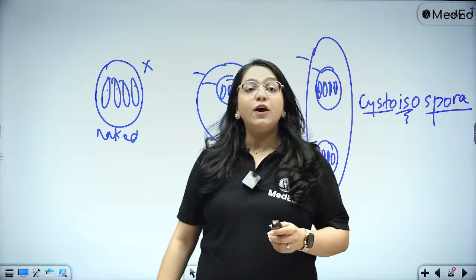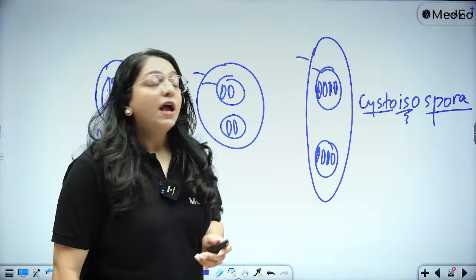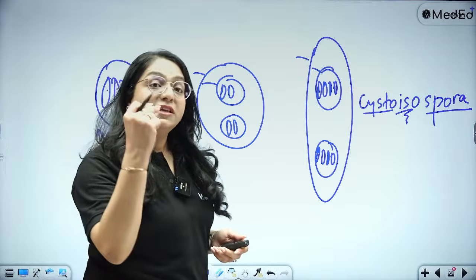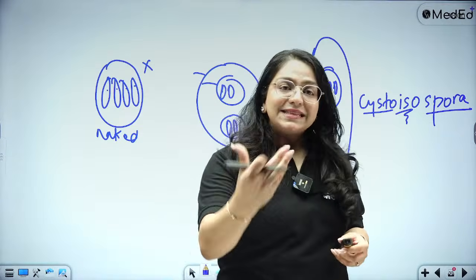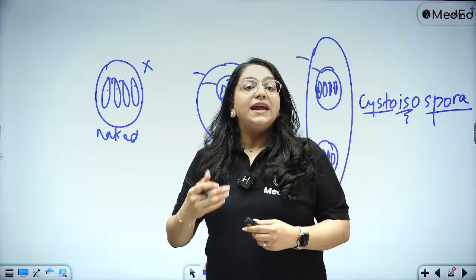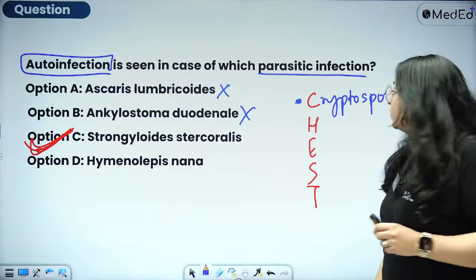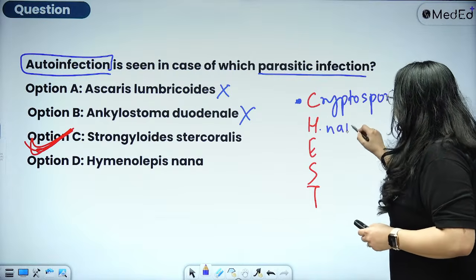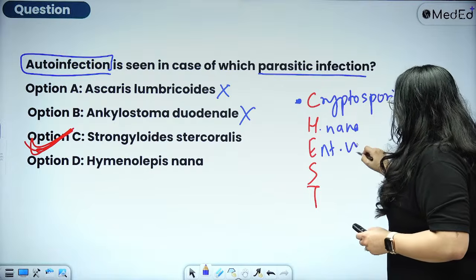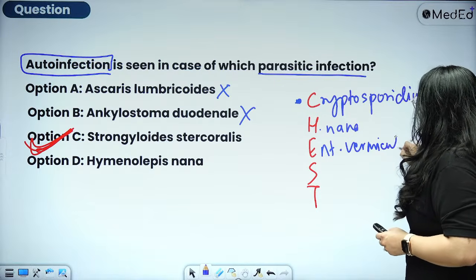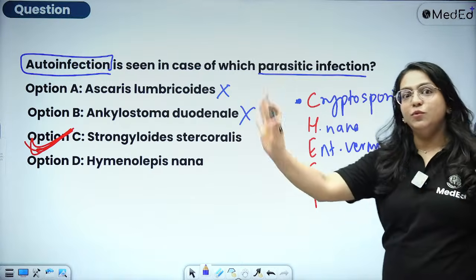That is why autoinfection is very easy, because it has a thin wall and is immediately infective. The moment it is laid out, because of this thin wall, it is immediately infective, and autoinfection is possible with Cryptosporidium. H. nana. Enterobius vermicularis, this guy always sneaks into all the mnemonics.